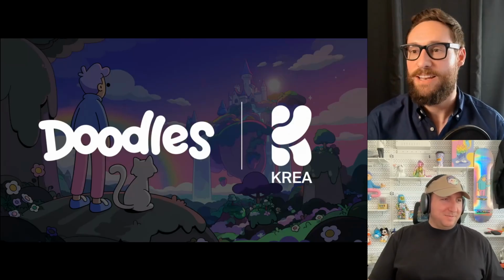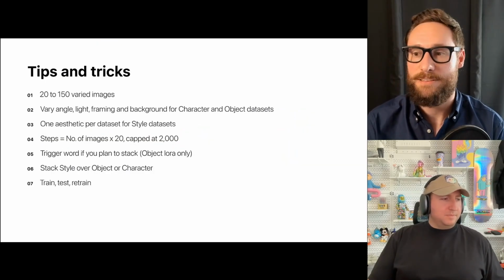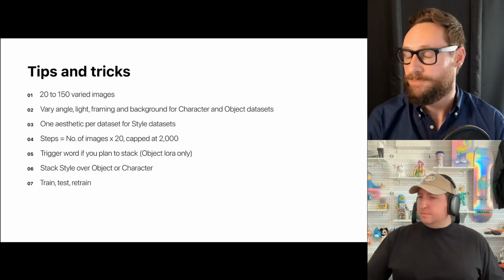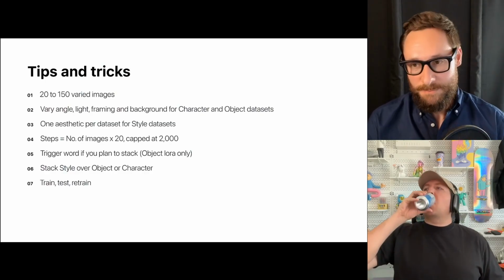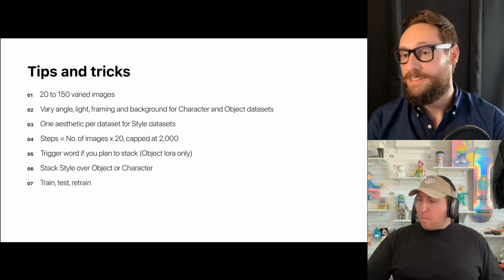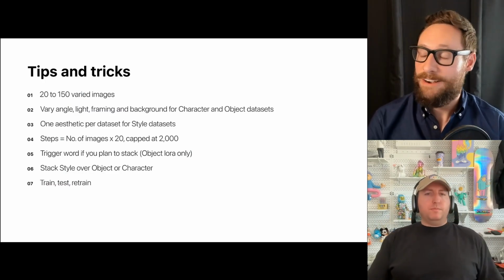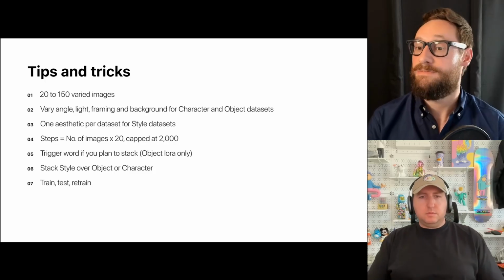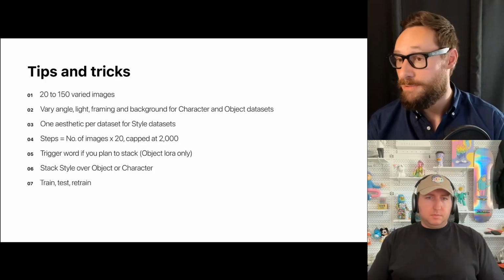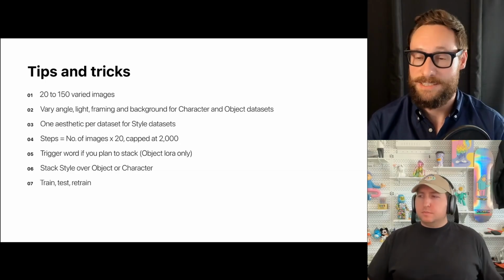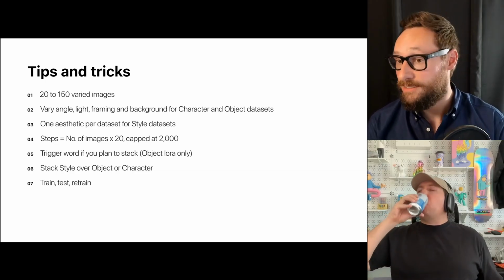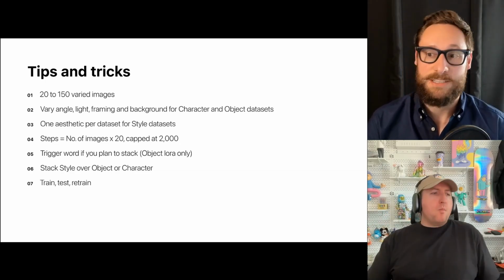Okay, let's have a little recap then. Some takeaways. What we've looked at: the sweet spot is 20 to 150 varied images. If you're doing character and object data sets, vary the angle, lighting, framing, and backgrounds. For style, have one aesthetic consistently throughout.